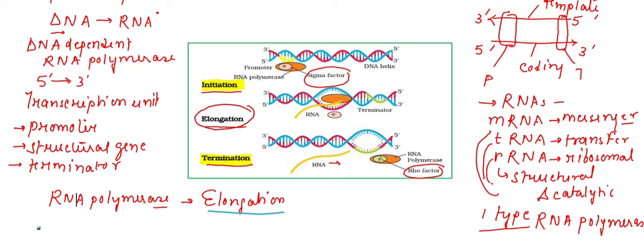It associates with the initiation factor, that is sigma, and the termination factor, that is rho, to initiate and terminate the transcription respectively, and association with these factors alters the specificity of the RNA polymerase. So that needs to be considered here.